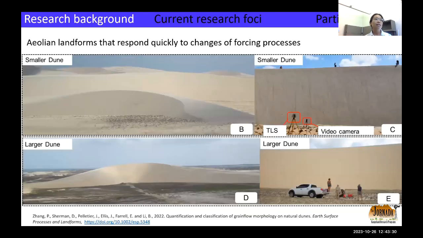So in the next few slides, I will give you a brief introduction on two of the projects that I had worked on. The first one is associated with grain flows on the leeward side of sand dunes. As you see here, we use a terrestrial radar scanner and video camera to record what's happening on the leeward side of sand dunes.